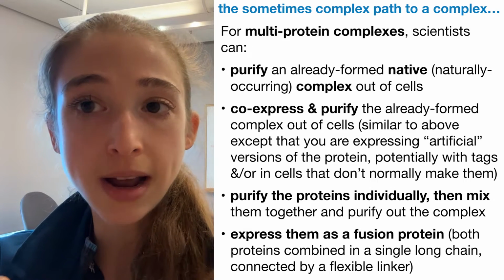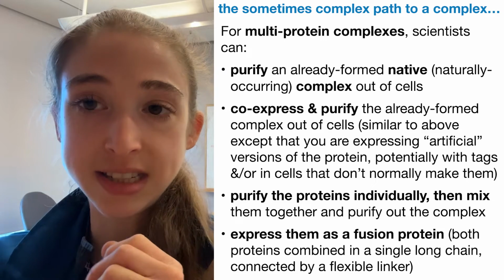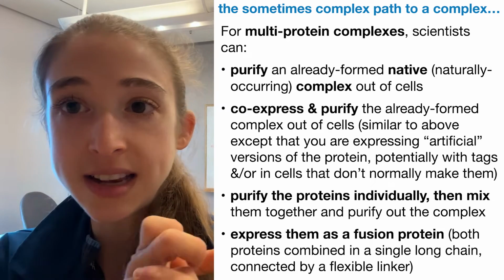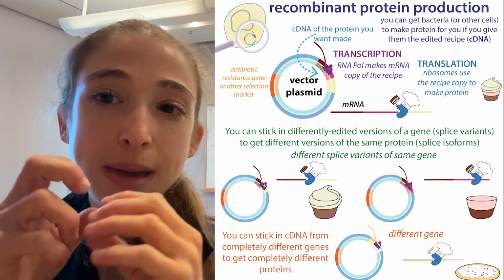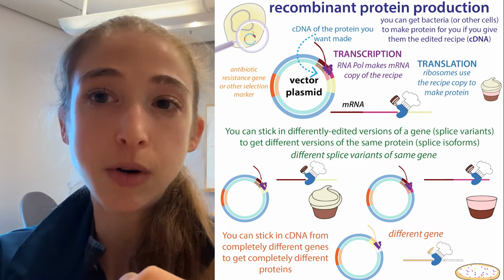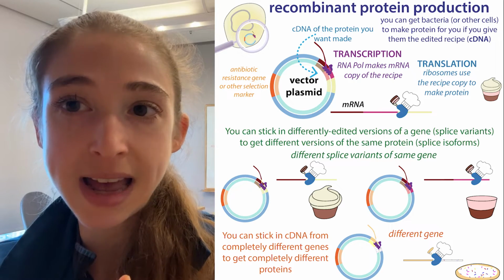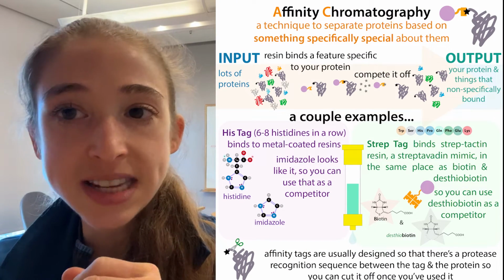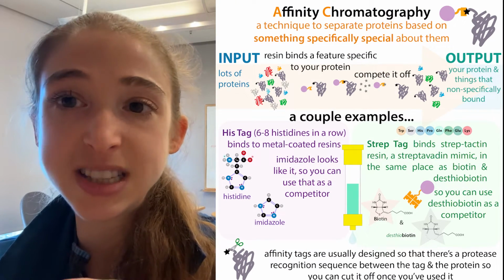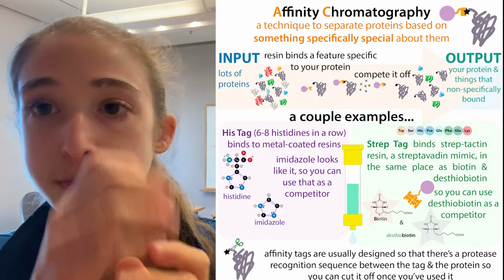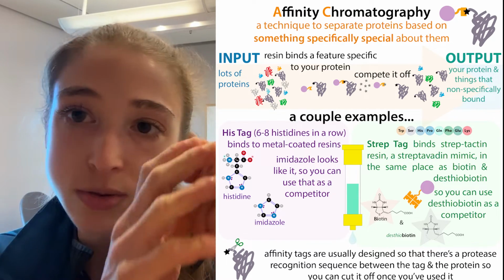So often structural biologists turn to exogenous expression. Instead of just taking the native complex, we make a modified version of the protein where we stick an affinity tag on the end, something like a His tag or a Strep tag. Basically, this is just a little extra sequence at the end that's going to allow it to bind specifically to this little column of beads, and then we can flow things through and those will get stuck.